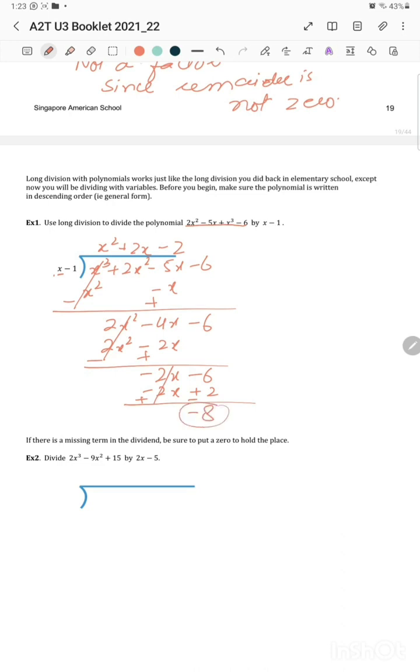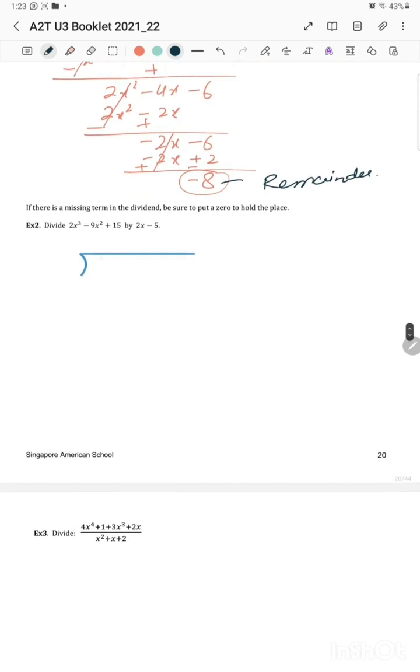So the quotient is... 2x into x square will give us 2x cube minus 5x square.